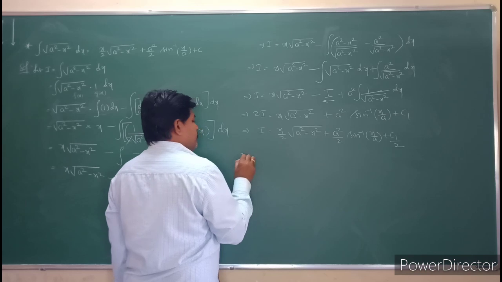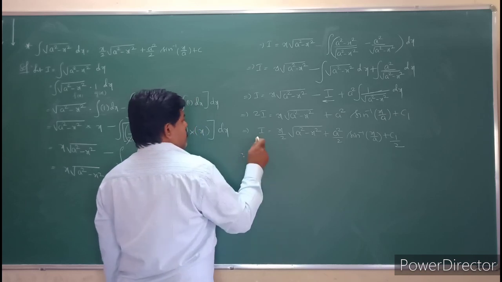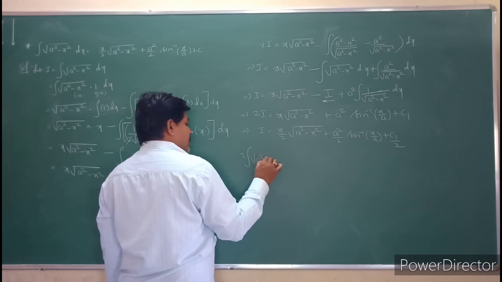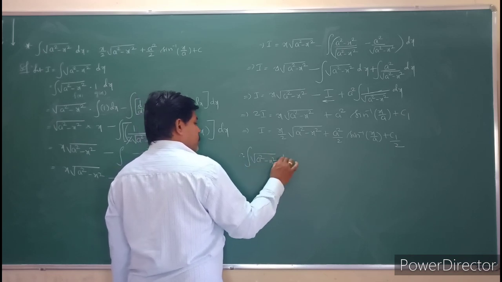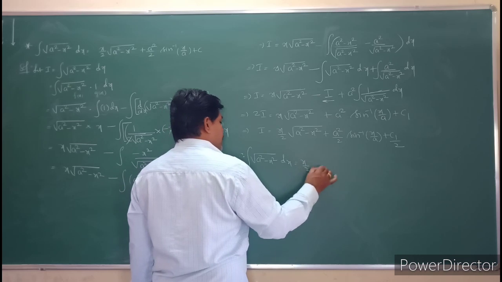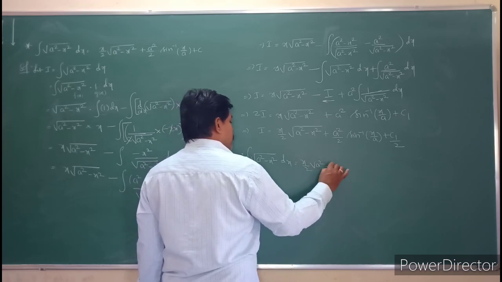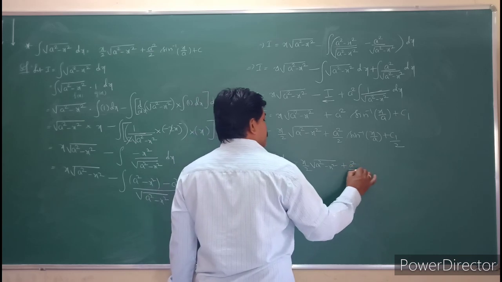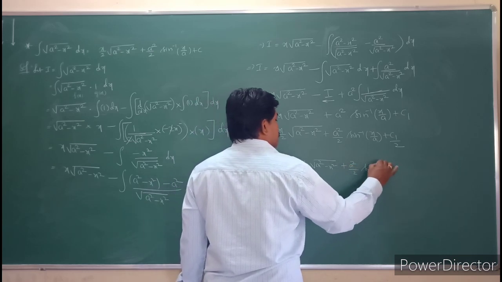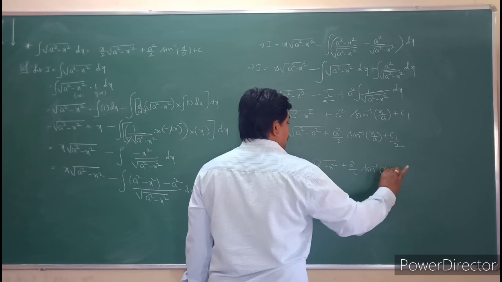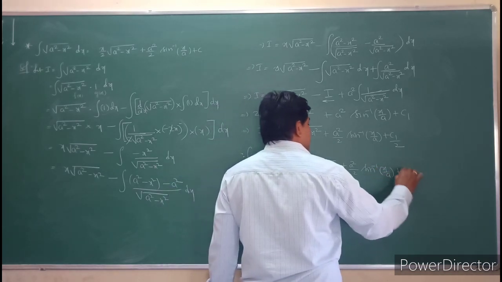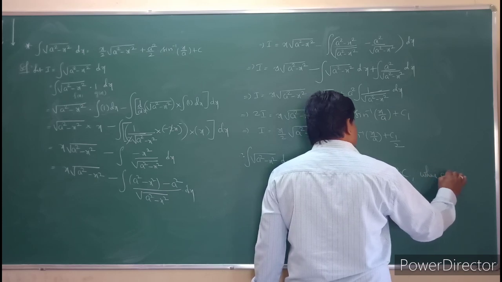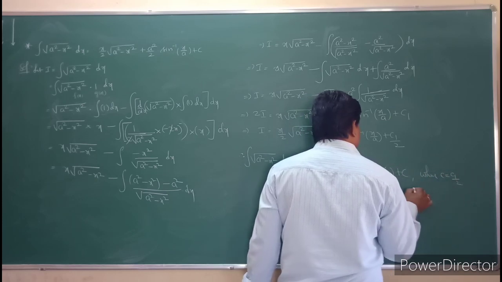Therefore, so what is the I? Integral root of a square minus x square into dx is equal to x by 2 into root of a square minus x square plus a square by 2 into sine inverse of x by a plus c, where c is equal to c1 by 2.